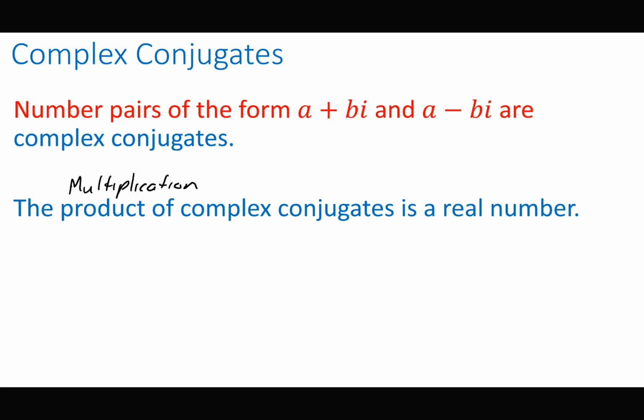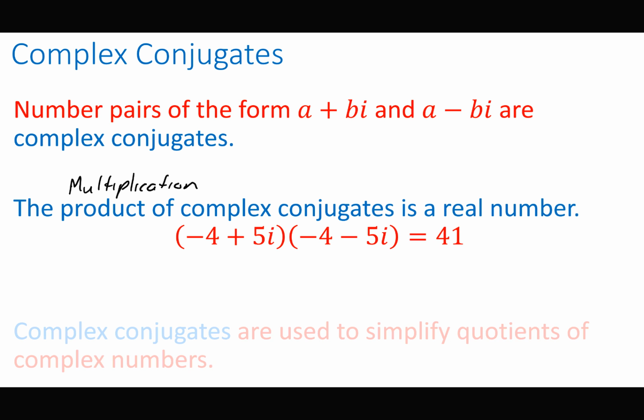That first warm-up problem, we ended up with 41 because those two were complex conjugates. They had opposite imaginary parts. So whenever you multiply complex conjugates together, you will always end up with just a real number. There will not be any imaginary part to it.